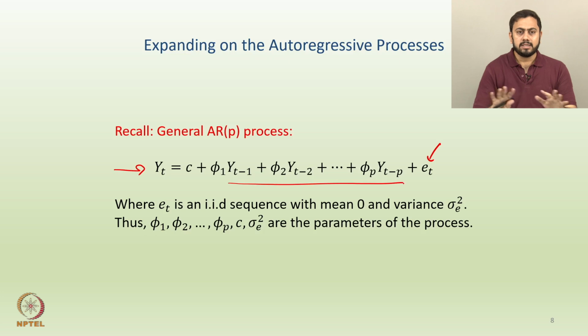This is the general structure of the AR(p) process, and the properties of the parameters are as follows. et is an IID sequence with mean 0 and a fixed variance, sigma square e, and all these are the model parameters: phi 1, phi 2, phi 3 up to phi p, c, and sigma square e. So this slide just gives you a revision of a general autoregressive process of order p.